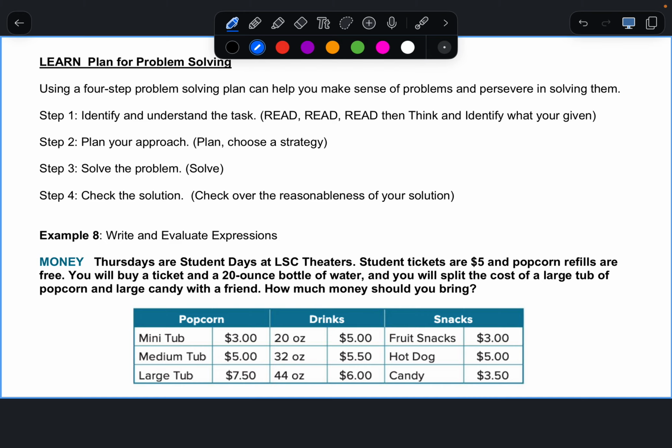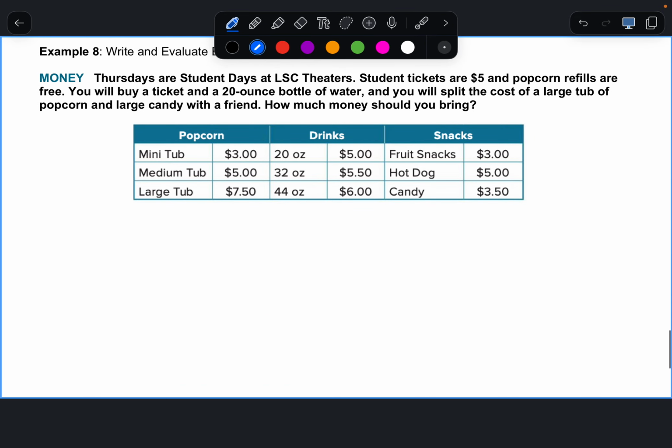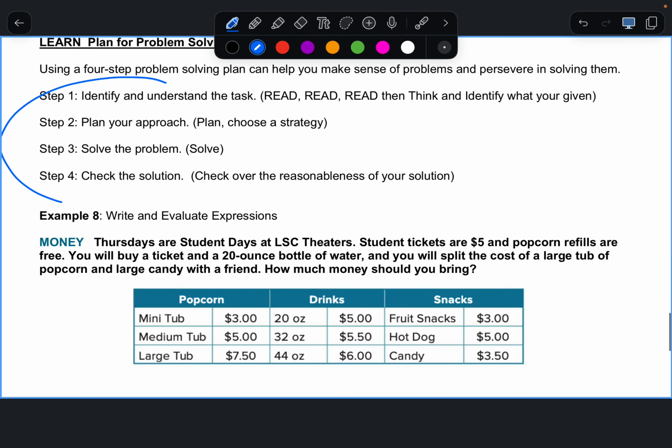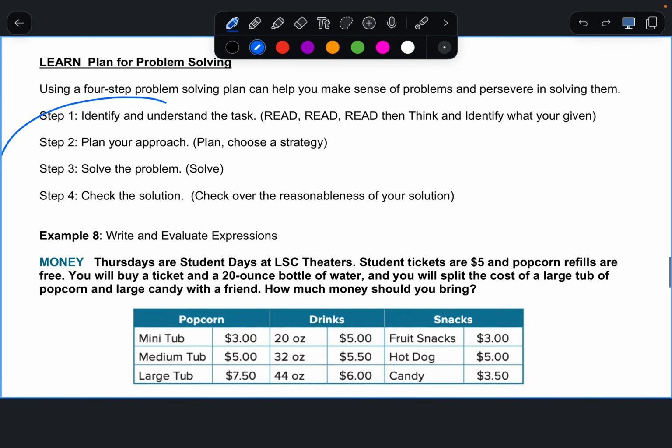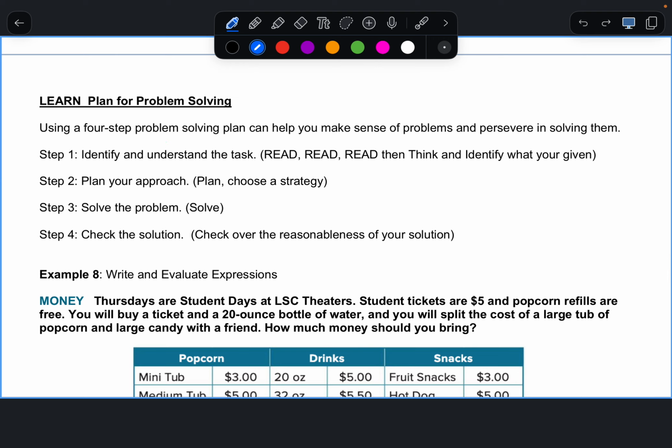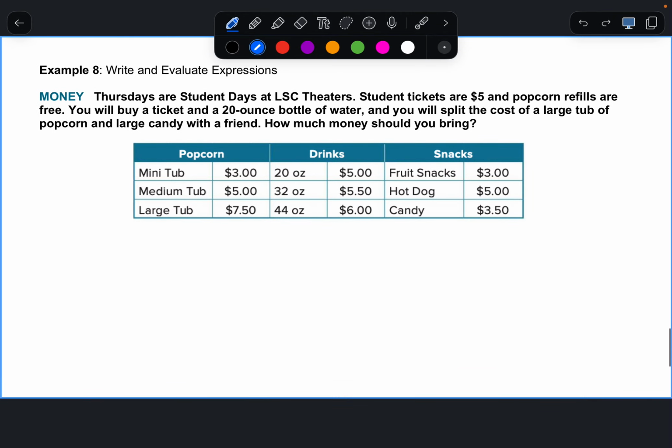So here's the deal. Let's just go one at a time. Student tickets. Okay, you buy a ticket. How much is a ticket? $5. Plus a 20-ounce bottle of water. Seriously? Yes. That's inflation these days. Okay. You are going to split the cost of a large tub and large candy with a friend. Split means we're going to have to do what?